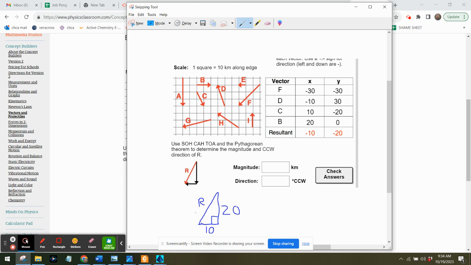Now the easiest way to solve a right triangle is to use Pythagoras theorem, where a squared plus b squared equals c squared.